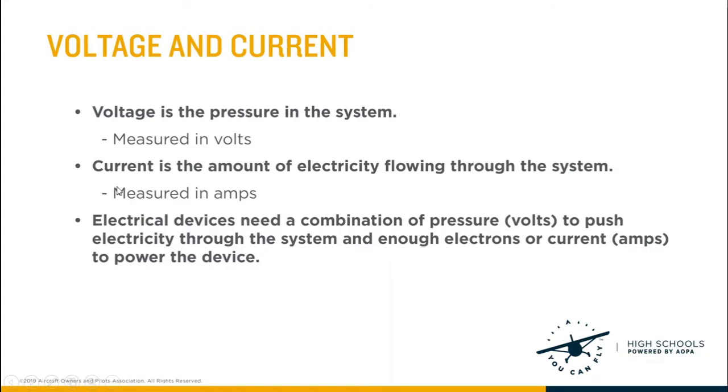Now you also have current, which is the amount of electricity flowing through a system. So it's kind of like how much water goes through, how fast does it go? One way to think about this is that if you're at a drinking fountain and you've got some water coming out, if you put your thumb and cover most of the drinking fountain, you're going to notice that the water seems to come out a lot faster.